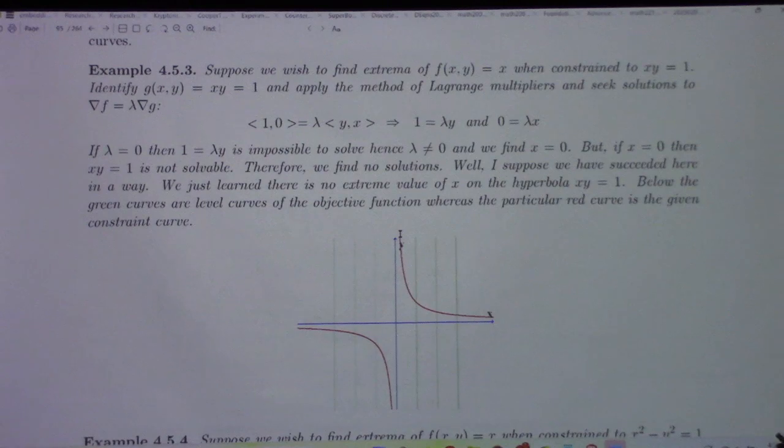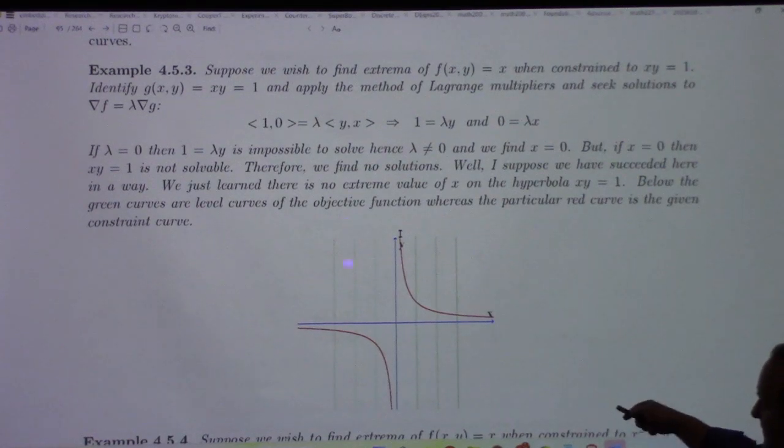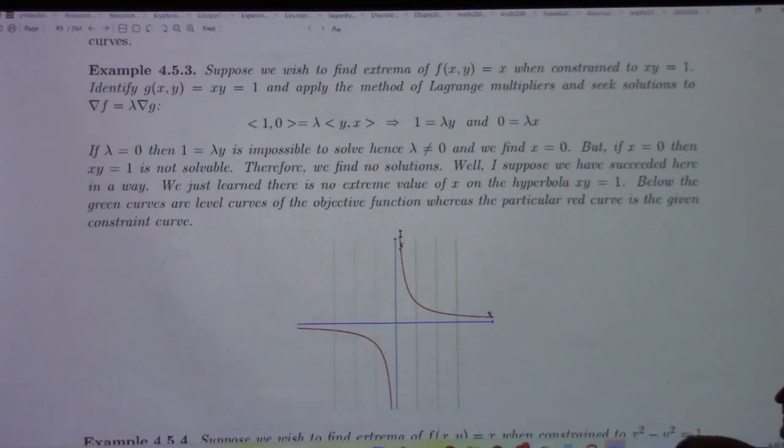Okay, now here my objective function was x. I chose x. So the level curves of the objective function are just these vertical lines, right? These are curves of constant x. And if you try to solve the Lagrange multiplier equations, do we get anything?